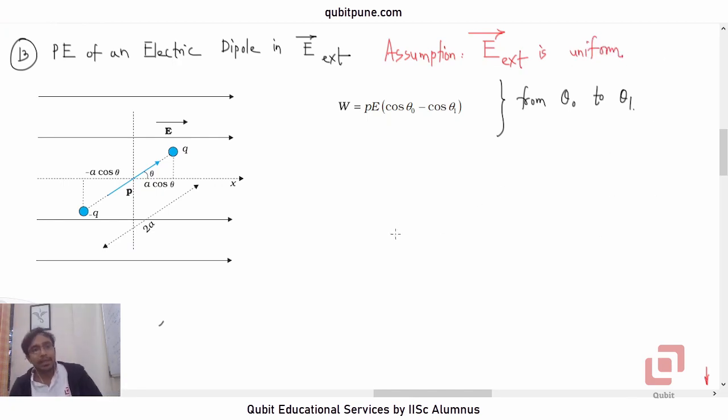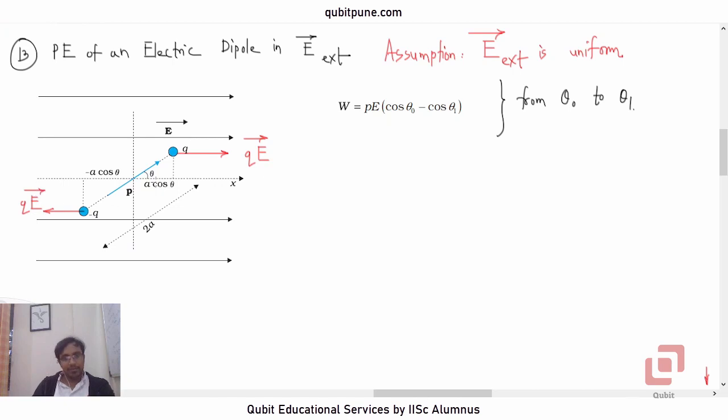Now what will this dipole try to achieve when left in an external electric field? In what position will it stabilize itself? It will stabilize itself in such a position where the forces acting on the positive and the negative charges become collinear. So the force on this will be QE bar in this direction, and the force on this will be QE bar in this direction.